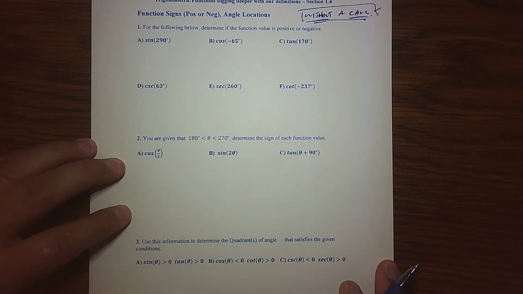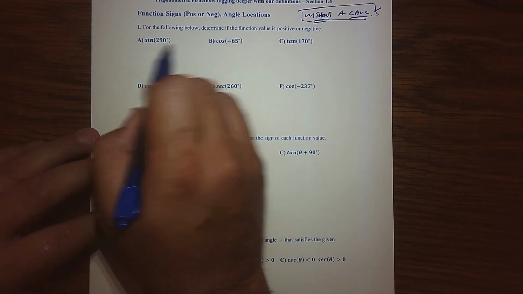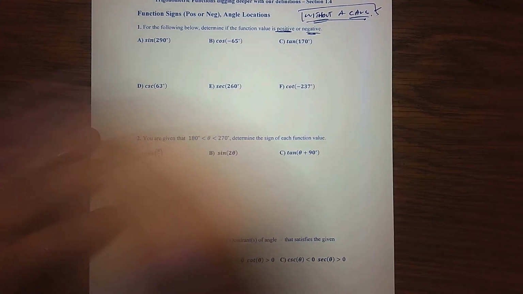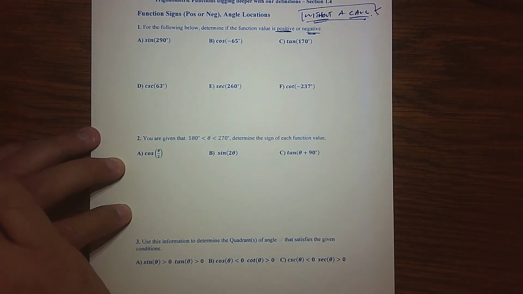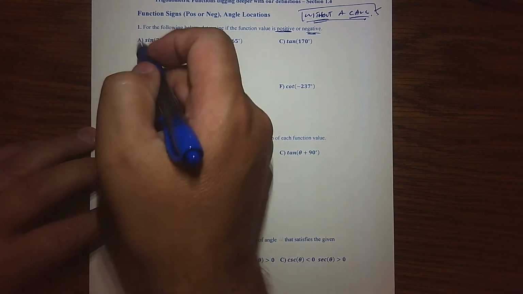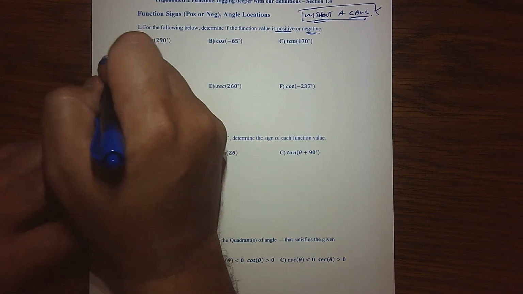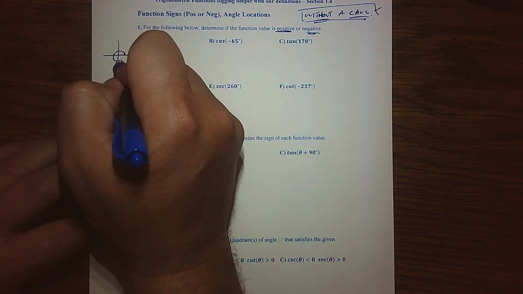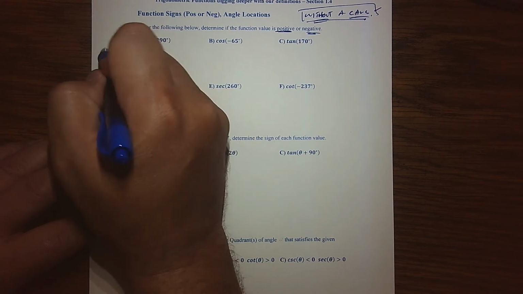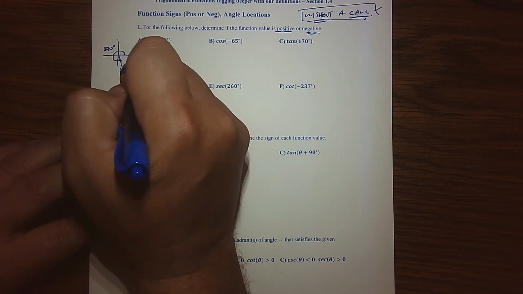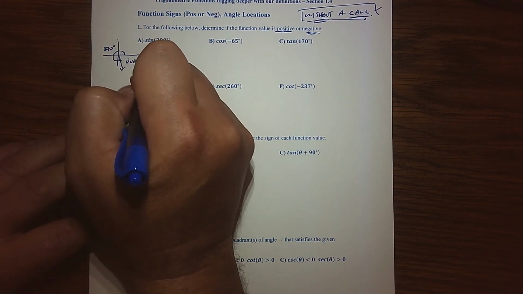So the sine of 290. Yes, of course, I can just put this in my calculator and determine whether it's positive or negative. It's that simple, right? But to ground this in the definition, this is what it's going to look like. Sine we know to be y over r for any angle. And 290, if we drew a picture of it, sits in quad 4.